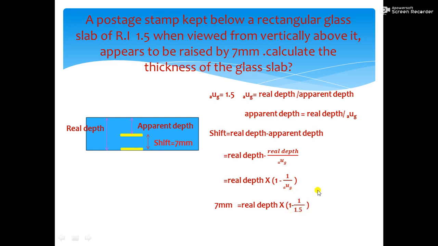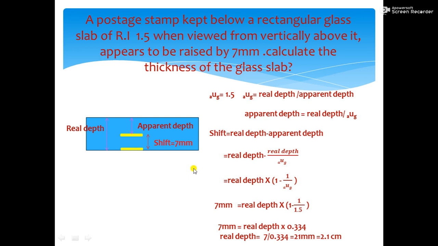Substituting the values, we get 7 mm is equal to real depth into 0.334. By substituting we get real depth is equal to 21 mm or 2.1 cm. You can directly use this equation also: shift is equal to real depth into 1 minus 1 divided by refractive index of glass with respect to air. For your understanding, I just explained from the beginning.